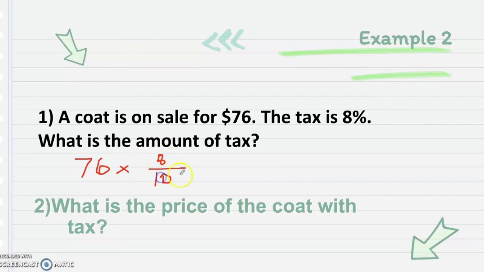Or you can change it to a decimal. 8 over 100 as a decimal would be 76 times 0.08. And when we change it to a decimal and we multiply 76 times 0.08, we get $6.08.